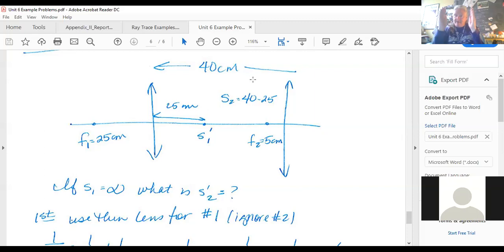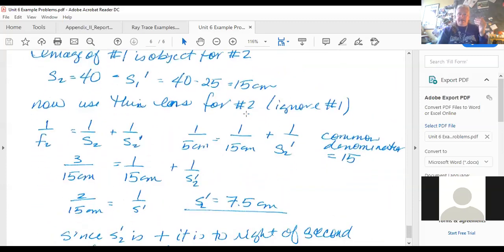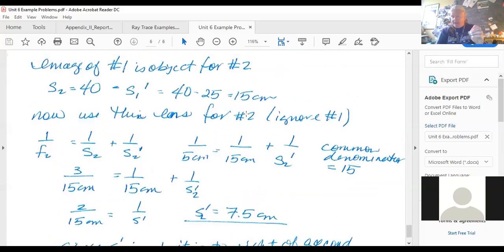They're 40 centimeters apart, and s prime for the first lens was 25, so this distance right here is 40 minus 25, which is 15. The image of number 1 becomes the object for number 2.